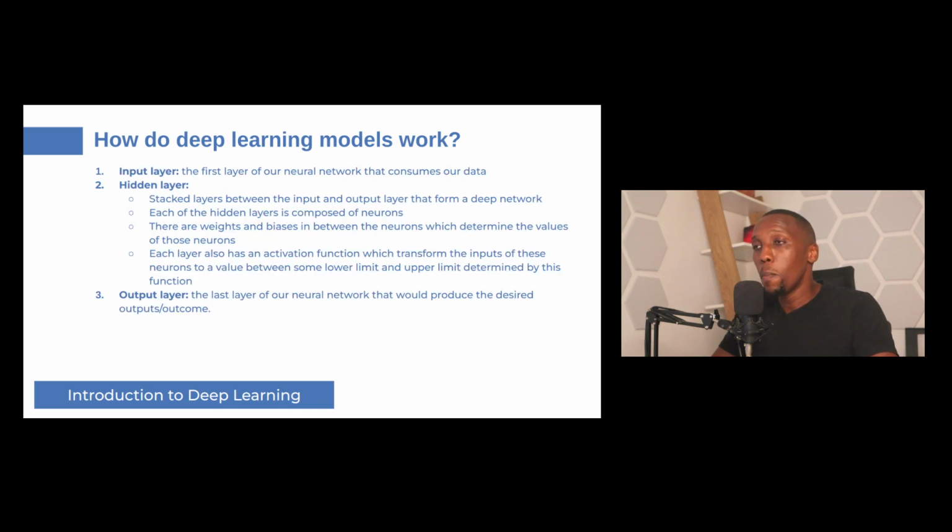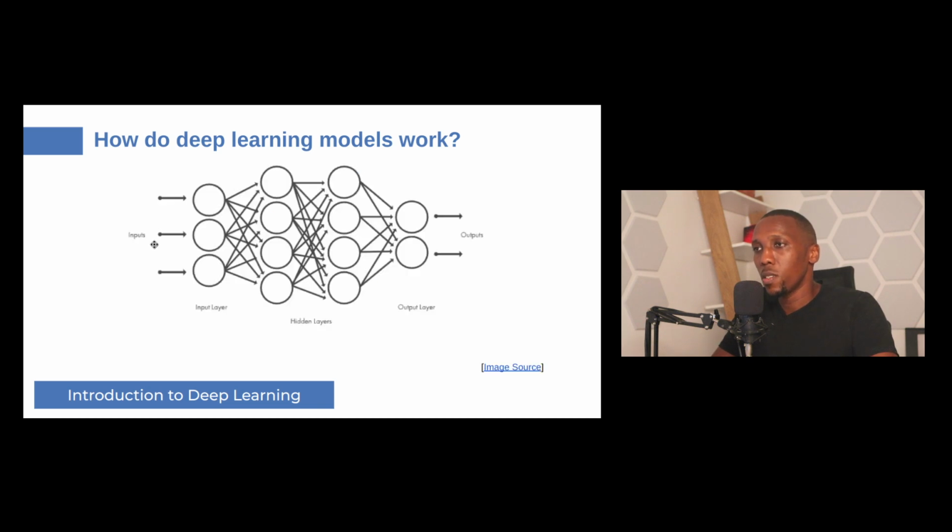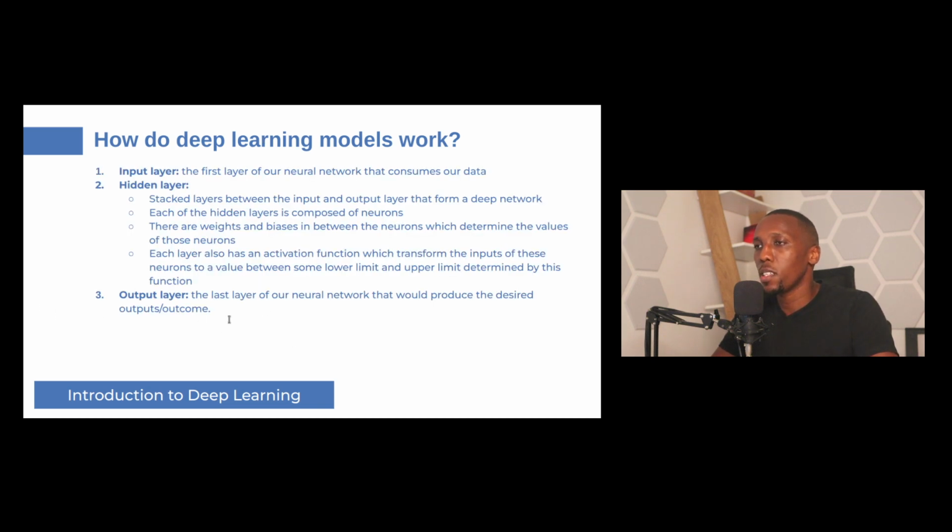Again, one more thing to note is that each layer, so this is one layer, this is another layer, within the hidden layers, each layer has what is called an activation function, which helps to transform the inputs of those neurons.